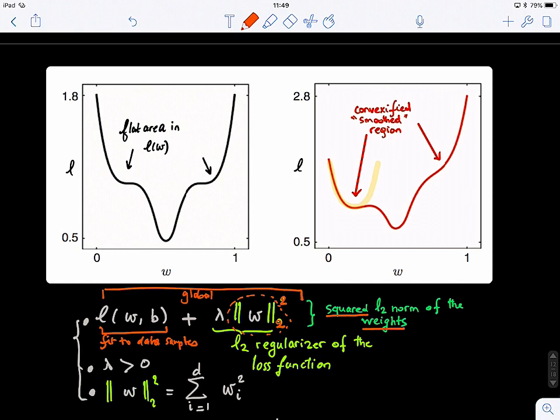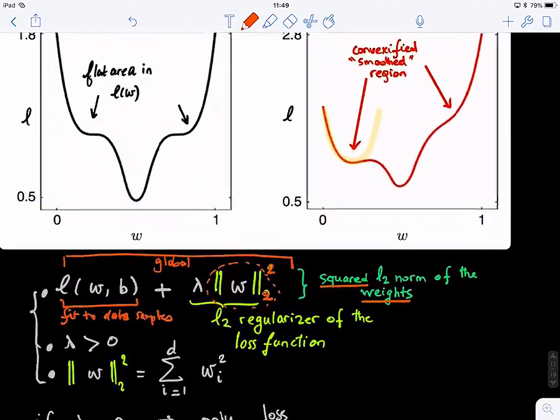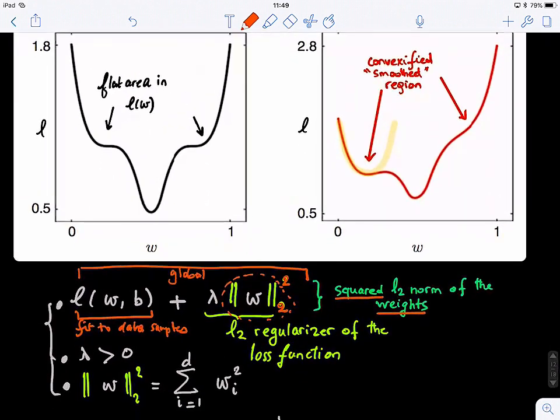Okay, so what is this norm? If you remember, it's just the sum over all dimensions of the vector W, these are the components or the weights, all the weights in our vector, and it's just squared. It's a sum of squared weights. Okay, so that's the L2 norm.